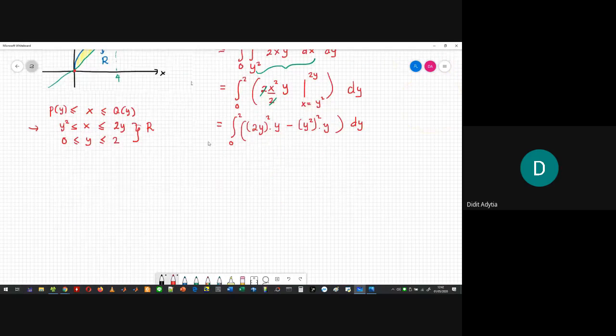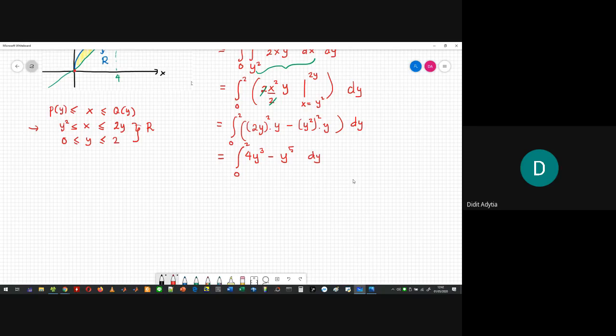Okay, and then I will break down this one. It becomes 4. Yeah, that's correct. Y to the power of 3 minus, this is 4, 5. Okay, y to the power of 5. And then we integrate, the rest is dy.